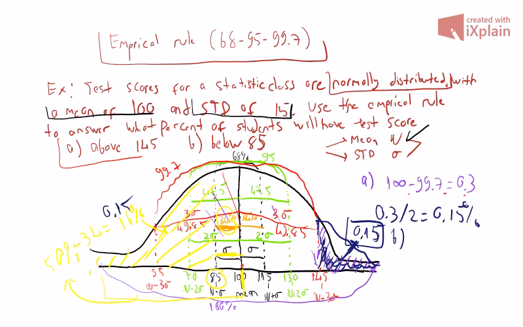Again, I know that this half portion, the area below the mean, is 50%. And I know that this unshaded area, which is right here, is 34%. So if I take the difference between those two, the remaining area will be equal to 16%.